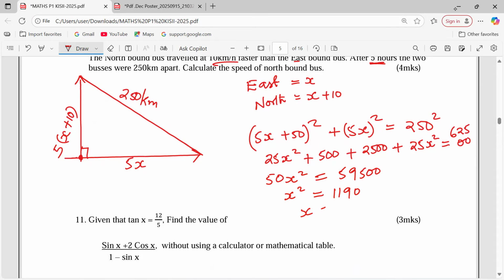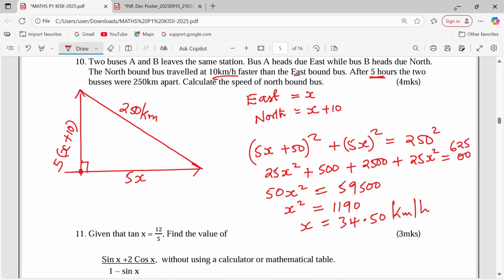Then the value of x shall be the square root, giving us 34.50 kilometers per hour.